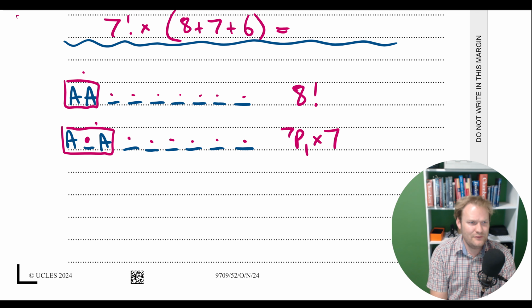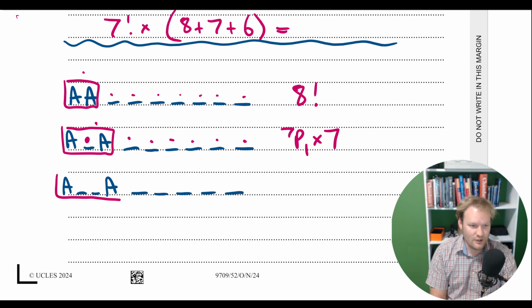And the last option we could have is, let's go blue here. So we've got A gap gap A. And then we're left with, that's 4, so we should be left with 5 letters. 1, 2, 3, 4, 5. And what we're saying is that one of our objects must be A, non-A, non-A, A, right? Because the A's must have at most 2 between them. And so here we must choose these 2 over here.